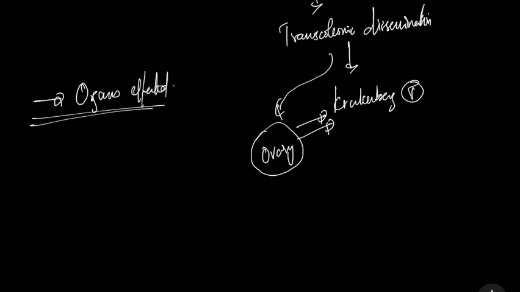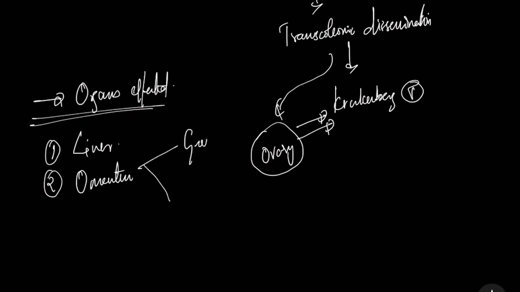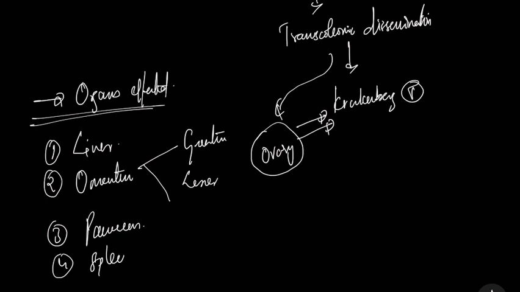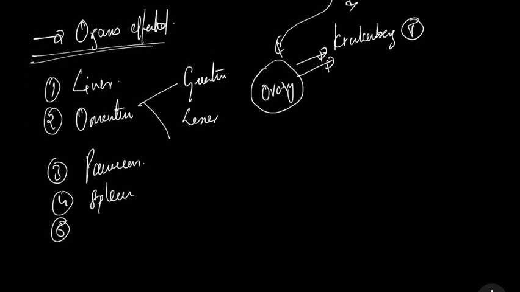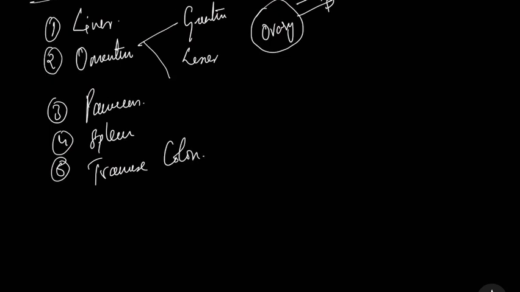The organs in the nearby locations such as your liver, your omentum, could be the greater omentum or your lesser omentum. All right. Third is your pancreas, fourth is your spleen, and fifth is your transverse colon. Yeah, so that was your spread of gastric carcinoma.